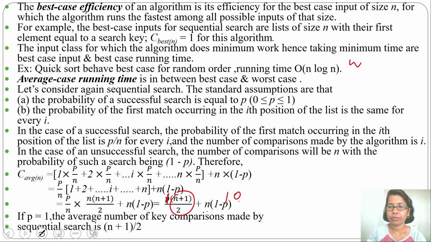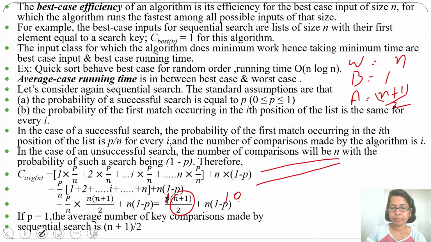We found worst case equals n, best case equals 1 and average case equals n plus 1 by 2. If the array is given and the search key is present at the first element, that is the best case. If the search key is present at the last element, that is the worst case. If present at the middle, that is the average case.